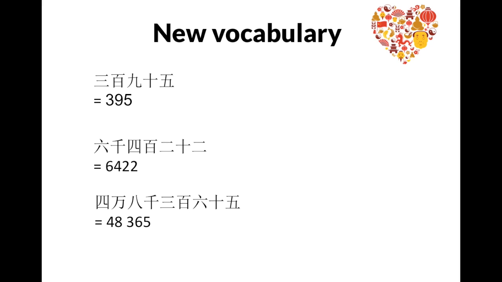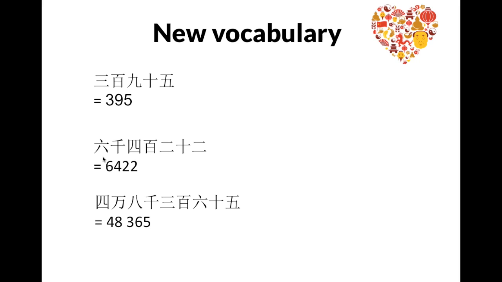And here, let's combine some more numbers. The first one, 395. So we have 300, 9 tens or 95. So 395. Next one, 6422.